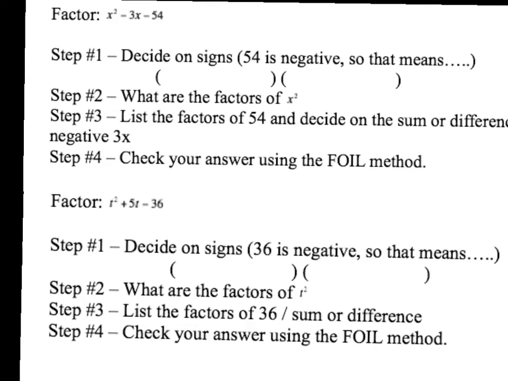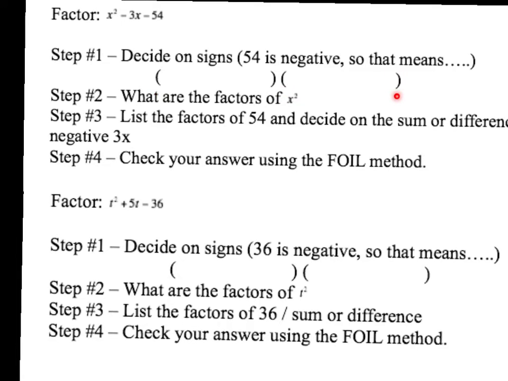In our first example at the top of the page, we have x squared minus 3x minus 54. Just moving swiftly through this, let's decide on signs. What signs are we going to put inside our two sets of parentheses, our binomials?